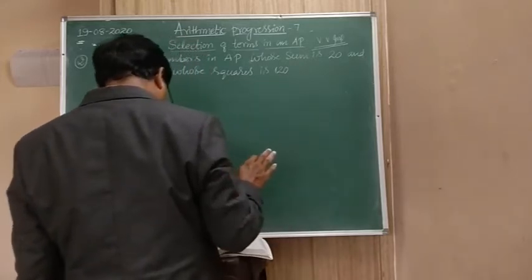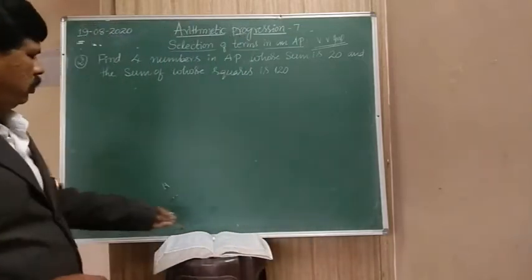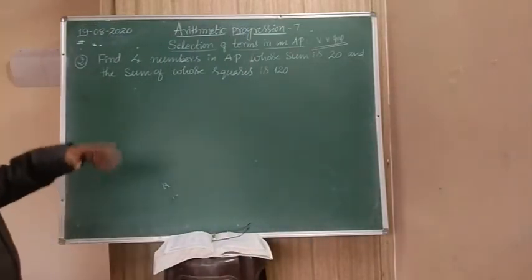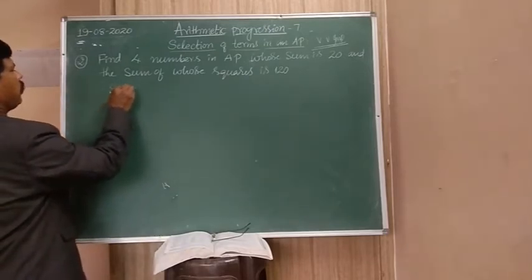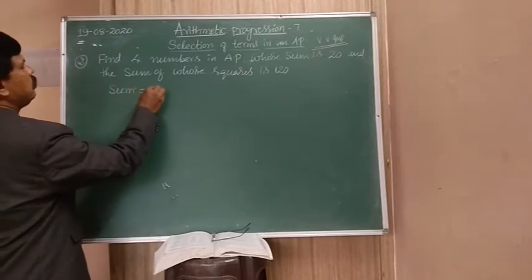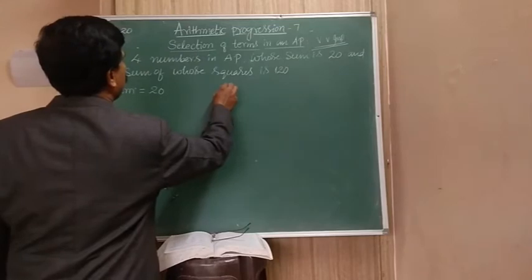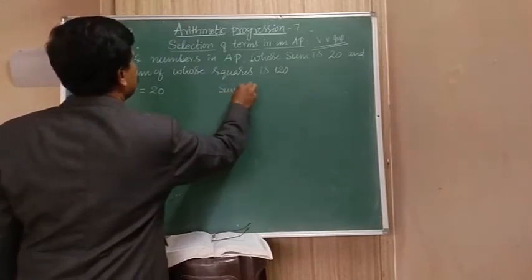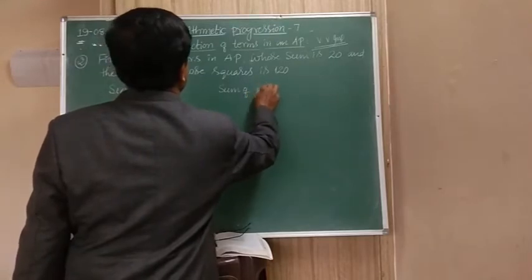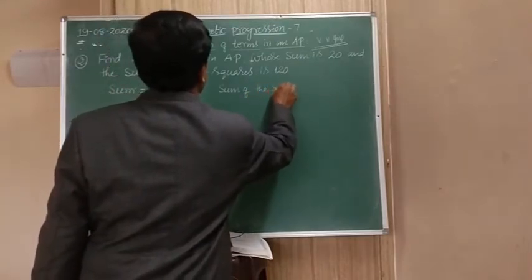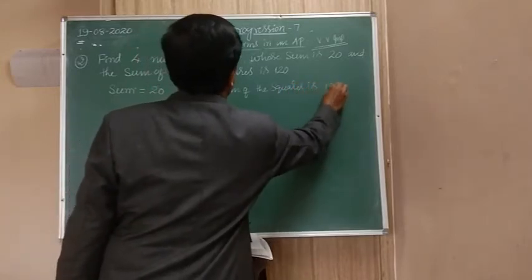Okay, only these two things are given, right? Now, how to solve this? See here, the two things: the sum is equal to 20 and another one, the sum of the squares is 120.